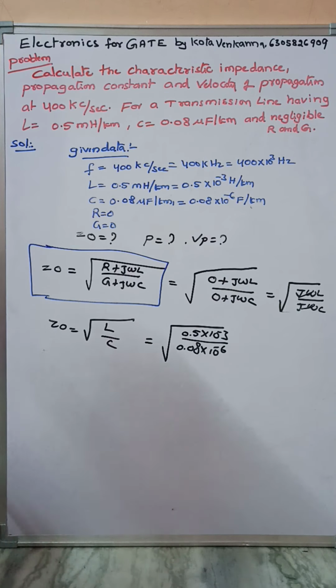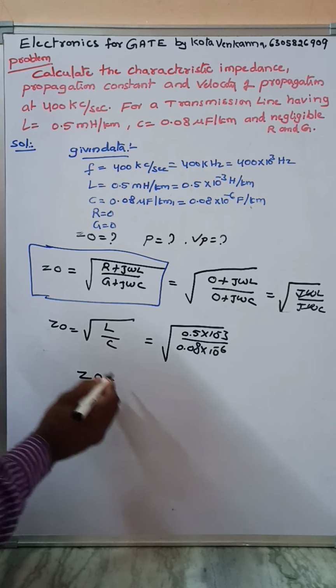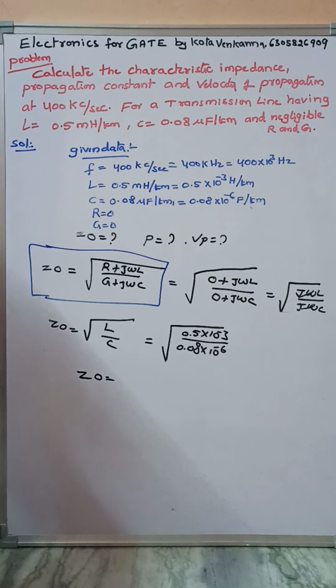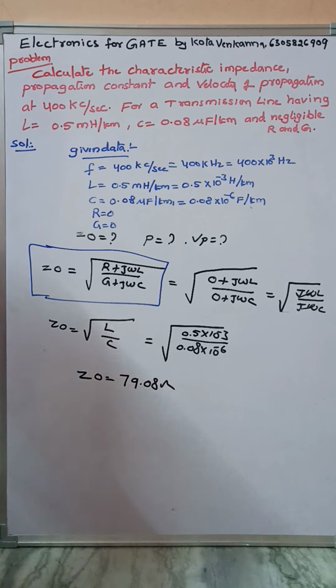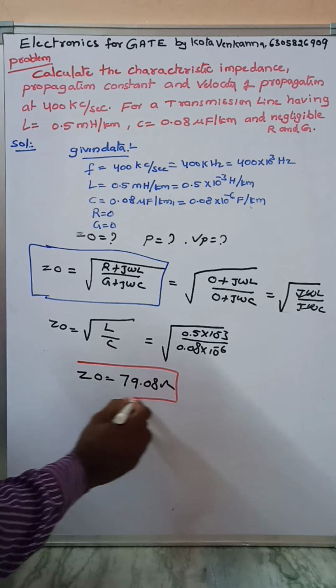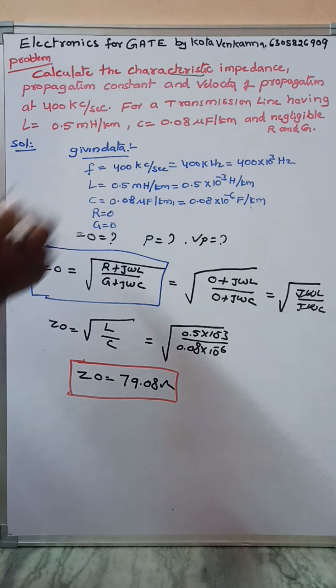Using the calculator, after calculating, Z0 is equal to 79.08 ohms. This is the value of the characteristic impedance Z0. So the characteristic impedance is completed.